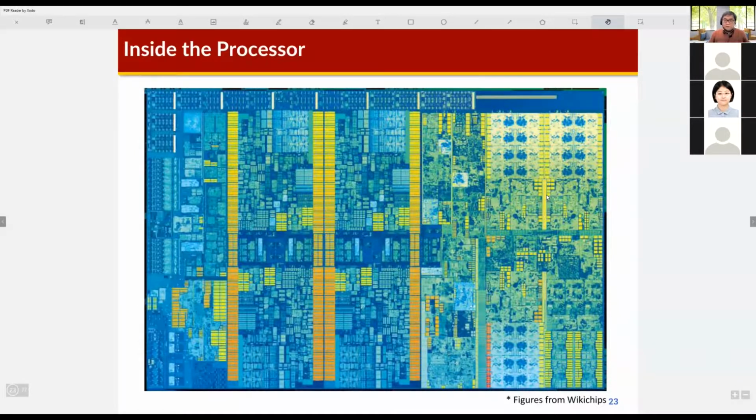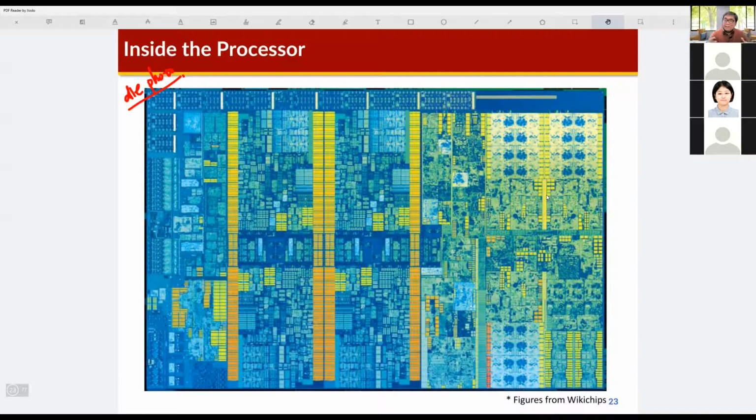Okay, let's go back to the hardware, the processor. This is the figure of Kaby Lake, a multi-core CPU made by Intel. This is the die photo of the Intel CPU. Can you understand how a CPU works using this die photo?